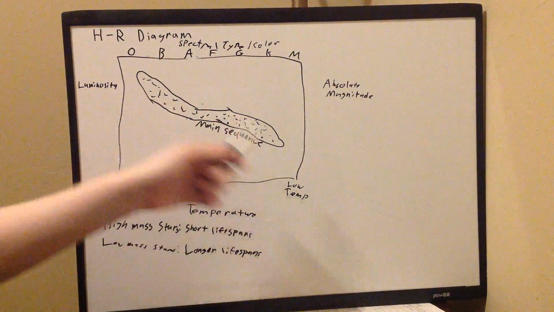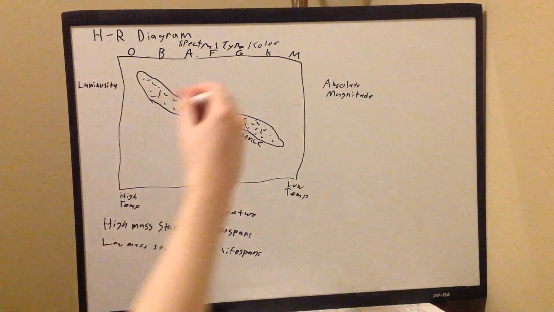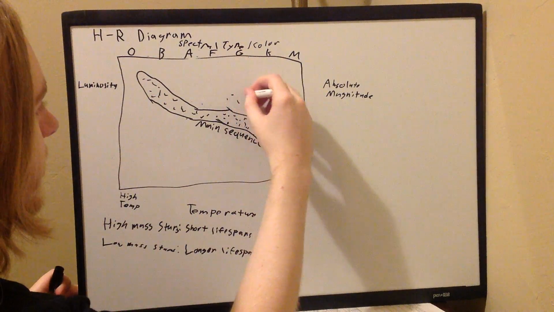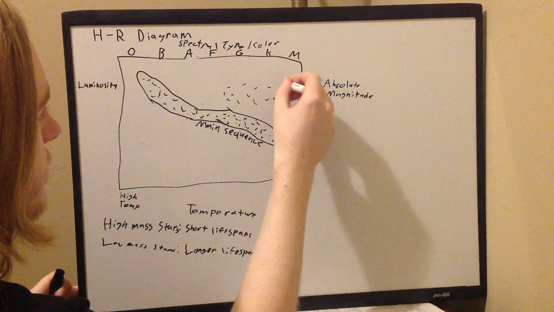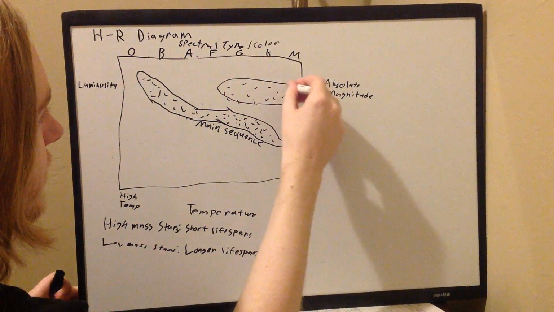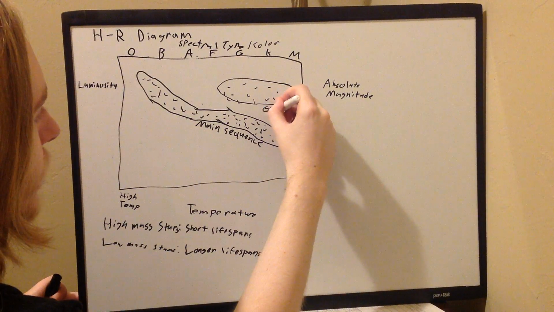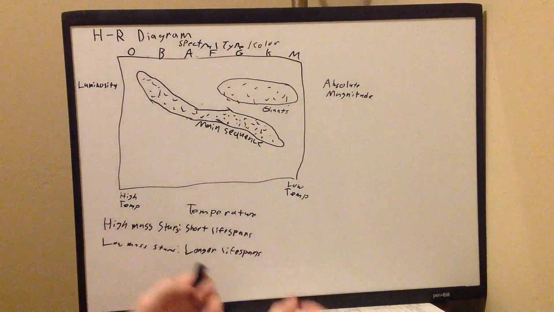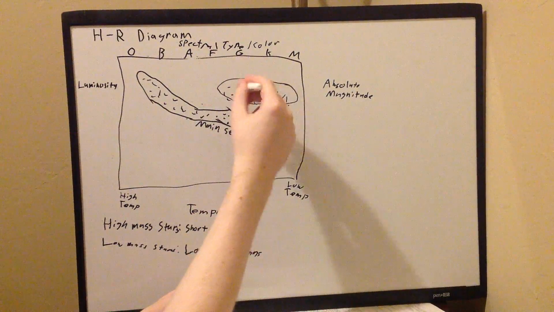So here's the main sequence. Here's where they fit. Then we have the giants. The giants sort of look like this. They're a little more spread out than the main sequence, but they tend to be in this area.